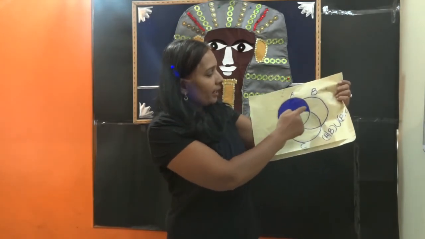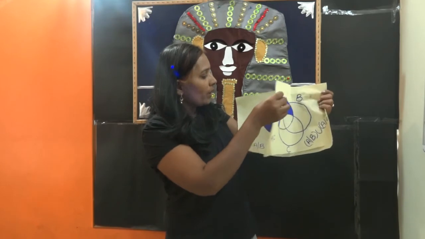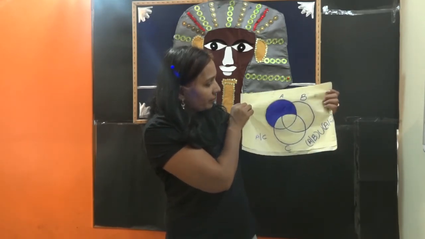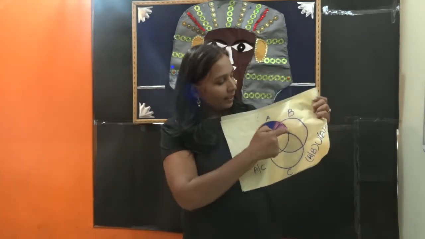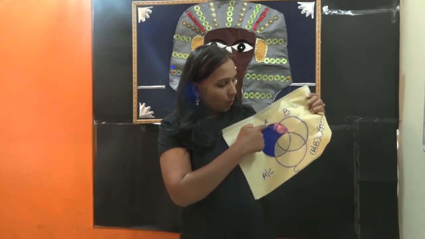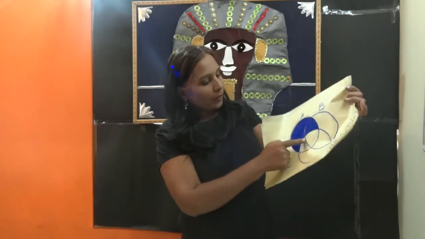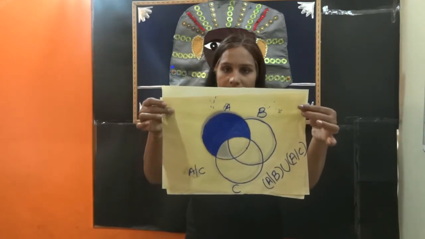It means here the whole area is shaded. Along with this, if you can see here, this area is also shaded. It means this whole area along with this area is our answer.